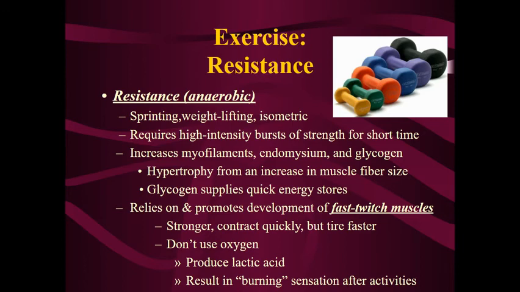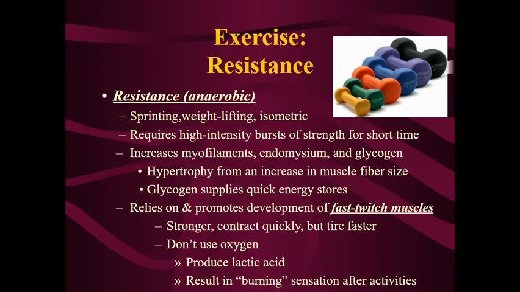Fast twitch muscles are stronger, they contract quickly, but they tire much faster. And they don't use oxygen as efficiently. Instead, they're functioning without oxygen, which produces a byproduct called lactic acid. And that's what causes the burning sensation that we sometimes feel in our muscles.